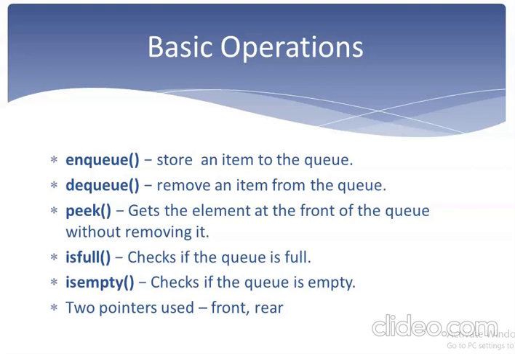Peek, it is used for accessing the front element in the queue, but we will not be removing that from the list. Then is full is for checking whether the queue is full. Is empty is for checking the emptiness of the queue, and we will be using 2 pointers. They are front and rear.